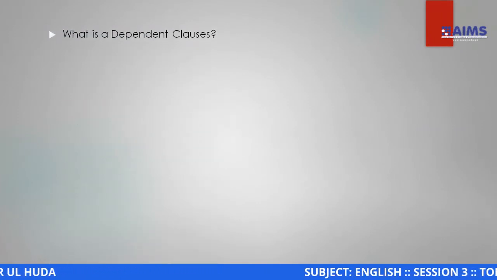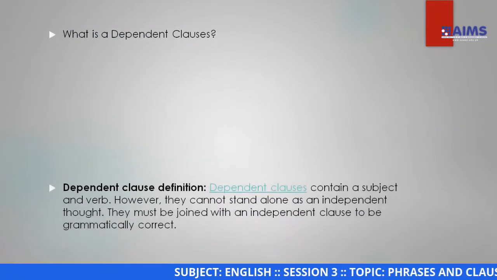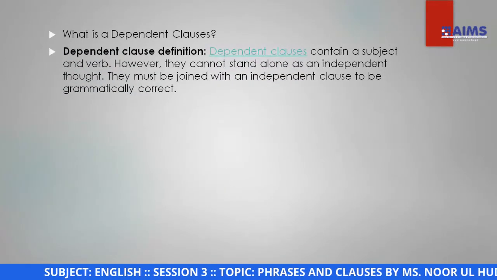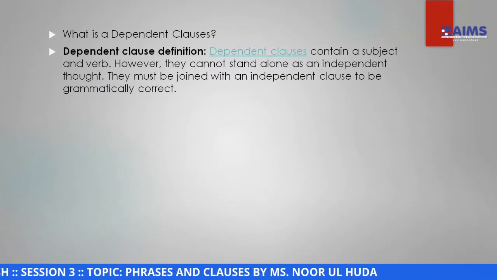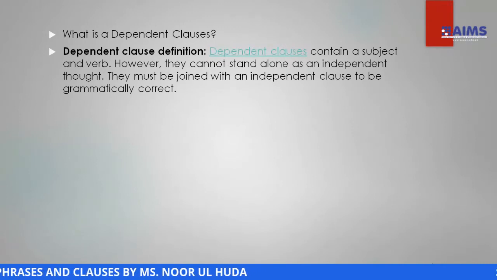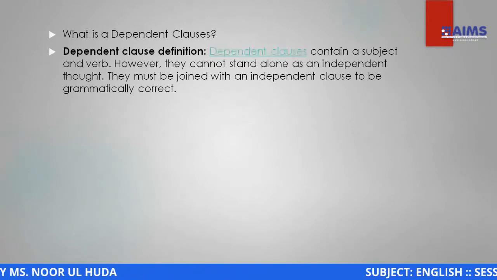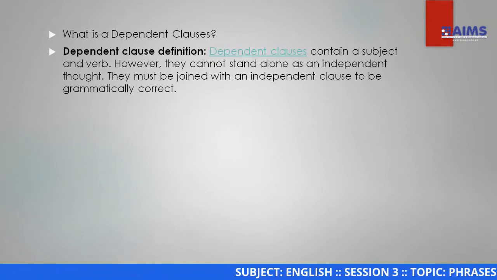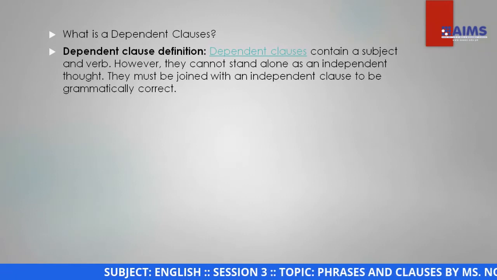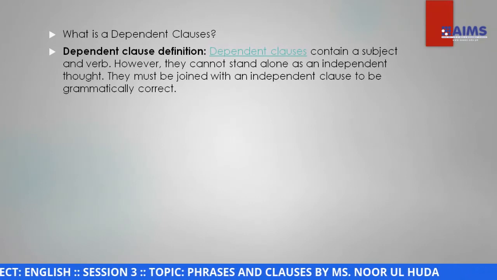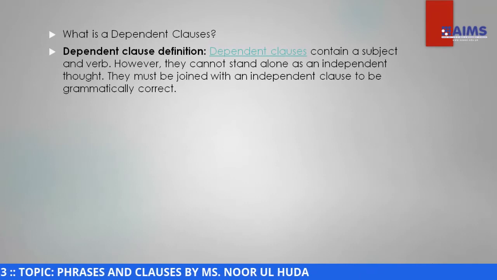All right. What is the other type? A dependent clause. What is that? A dependent clause contains a subject and a verb. We are done with the fact that a clause must contain at least a subject and at least a verb. However, they cannot stand alone as an independent thought.